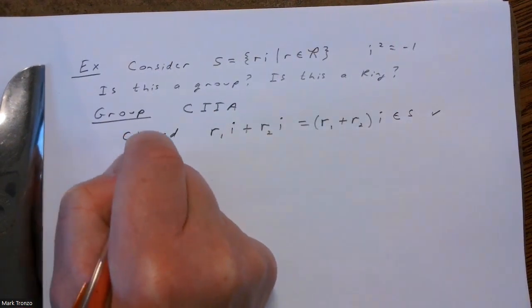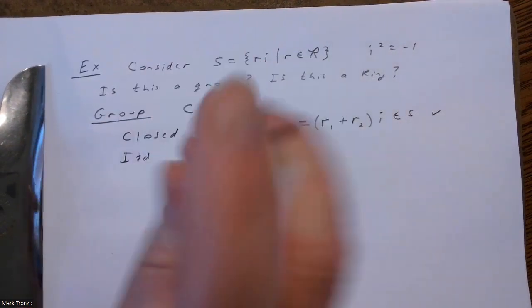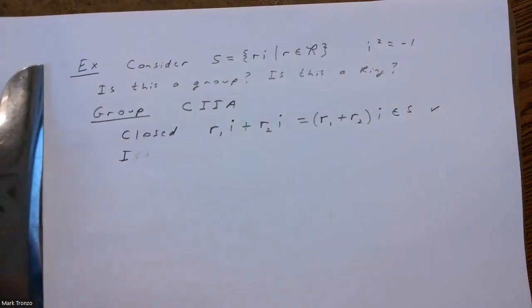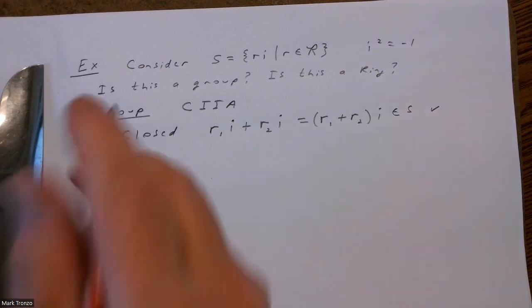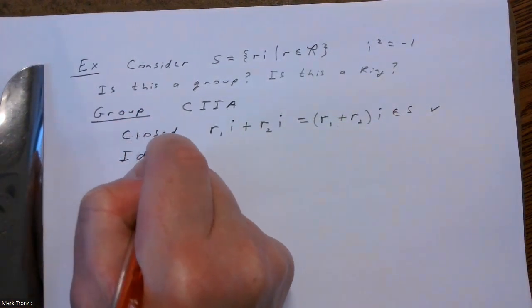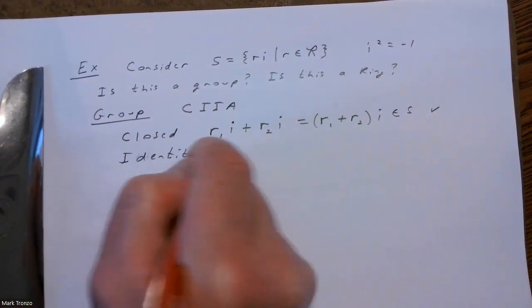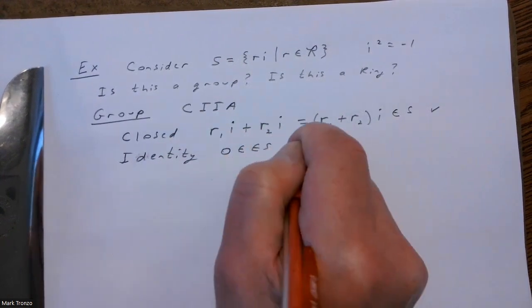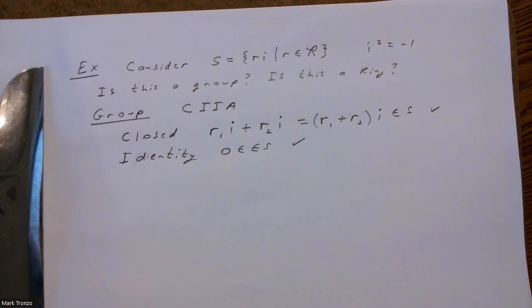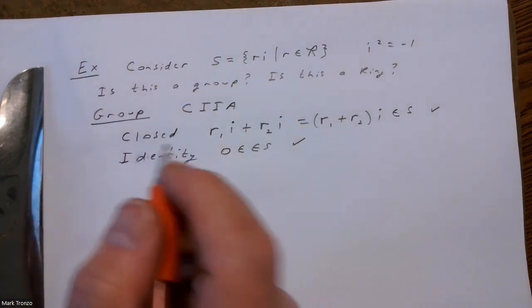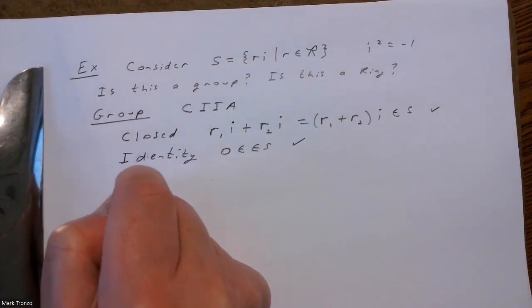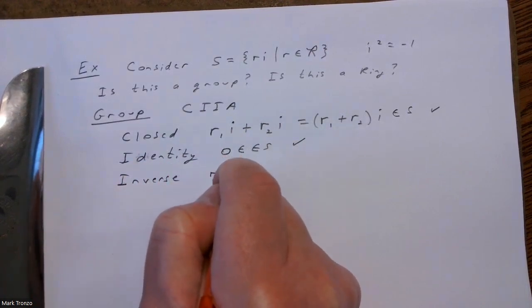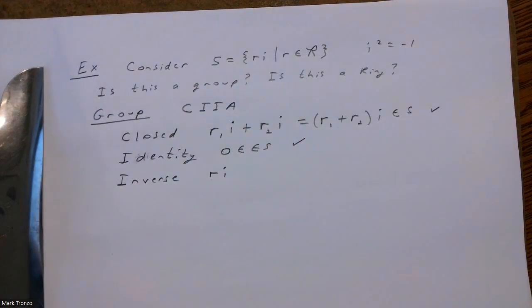And identity. And of course, 0 is going to be in the set. So we have an identity. And then the inverse. So given a typical ri, does it have an inverse?